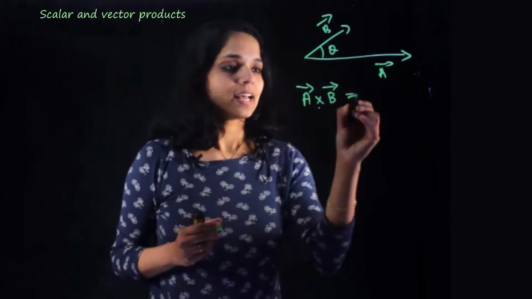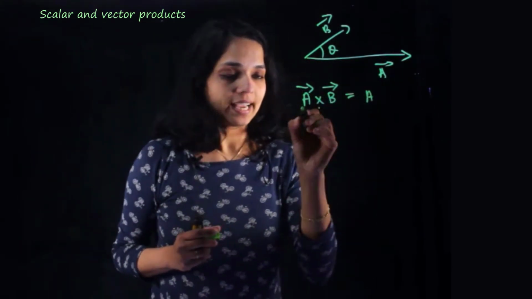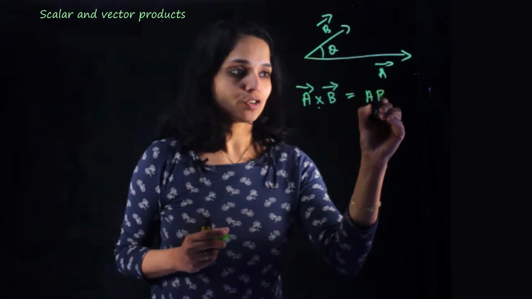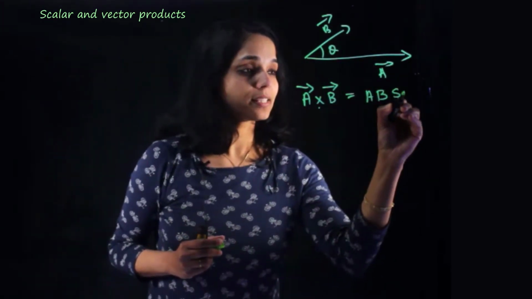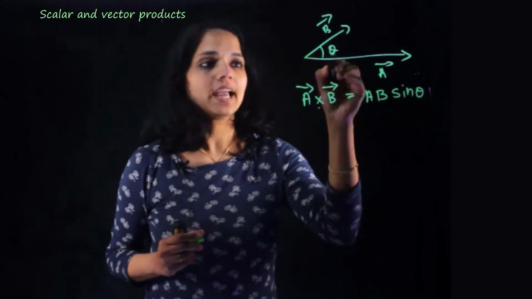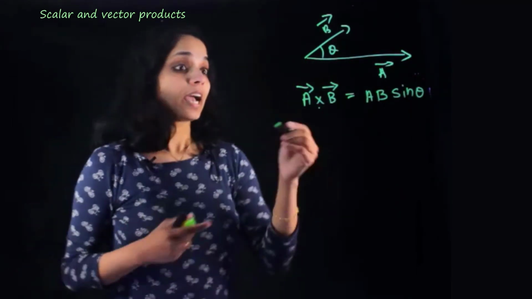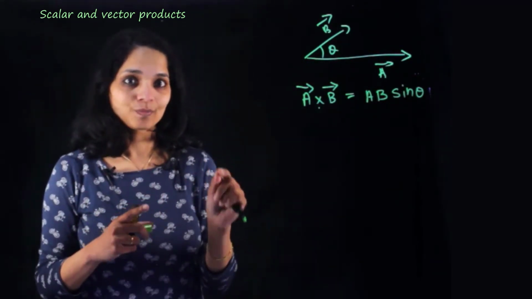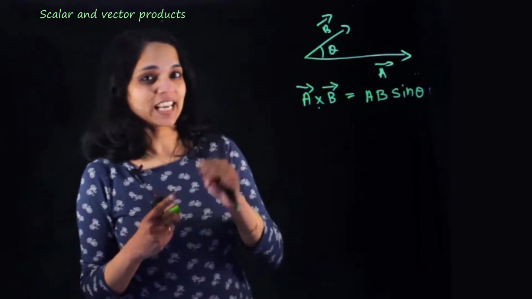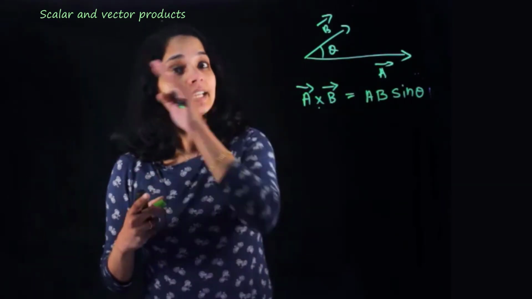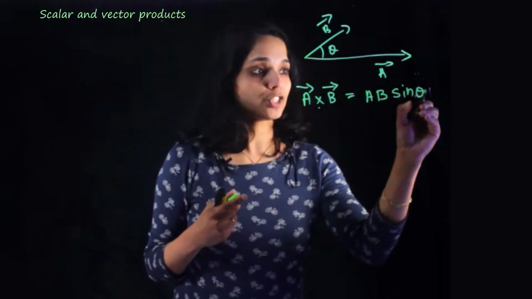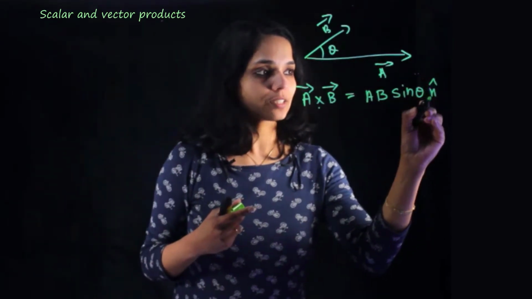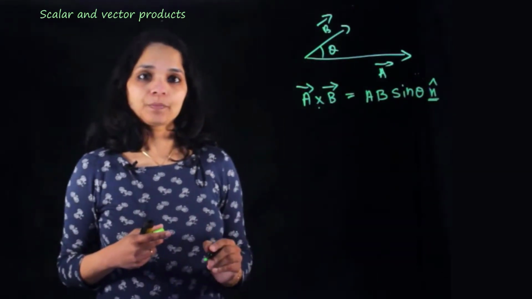This is the magnitude of vector A times the magnitude of vector B times sine of the angle between them. And in the vector product, the product is a vector. In the scalar product, the product was a scalar, so you don't have to worry about the direction in that case, but here we should. So there's a direction, and that's what we put in here.